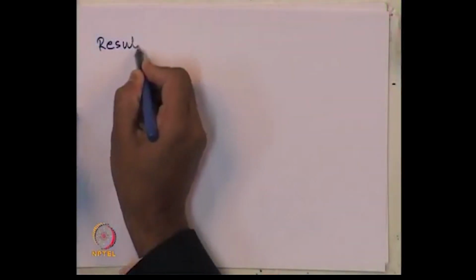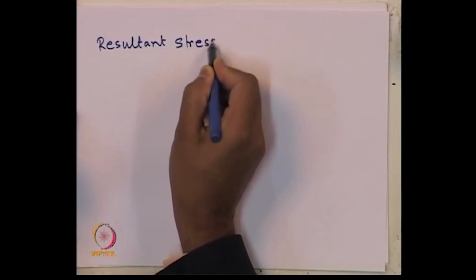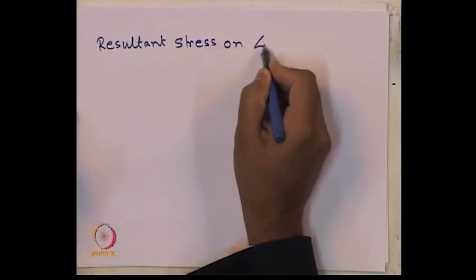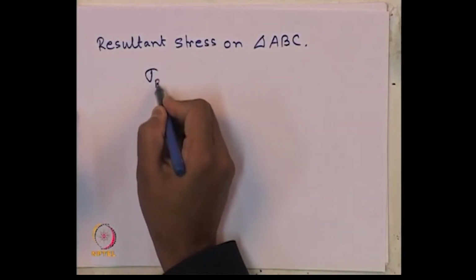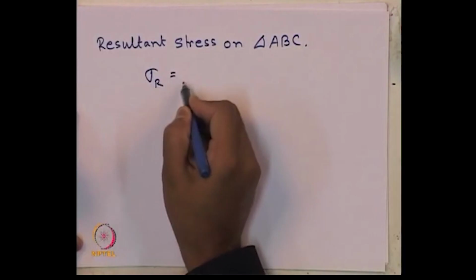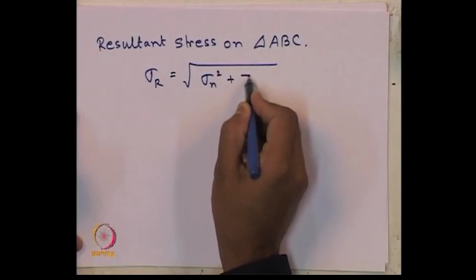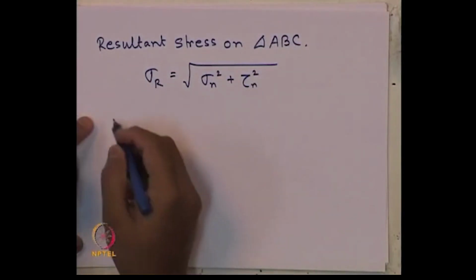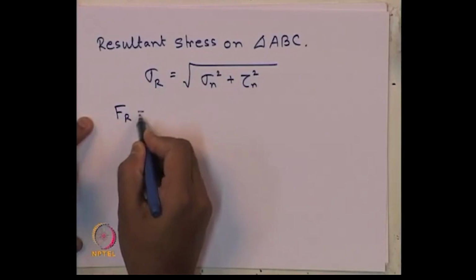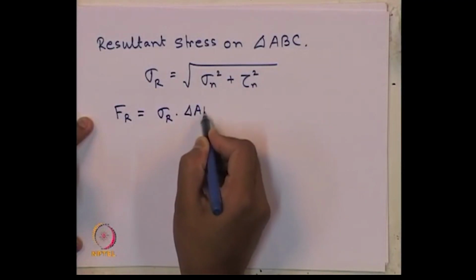So, the resultant stress on that inclined plane ABC, let us say that is sigma r. The resultant stress is nothing but normal stress square plus shear stress square, right, and the resultant force F r should be this resultant stress times the area of that plane.